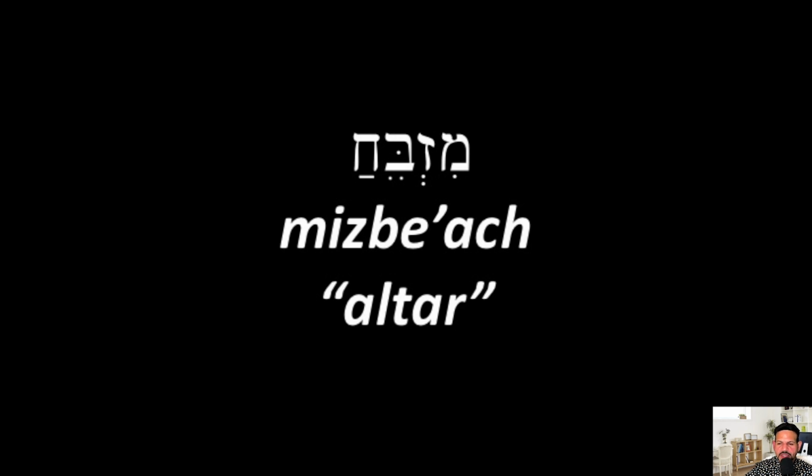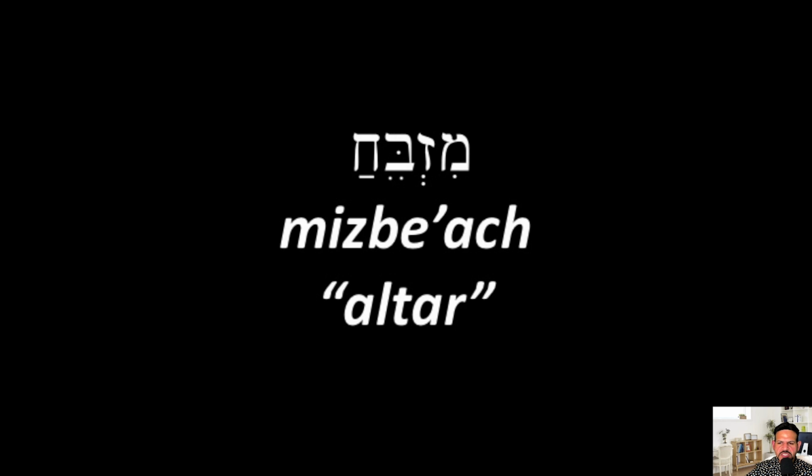Mizbeach is a word all by itself, but the mem with the hirik underneath would give us the mi. And then we have a shva nach underneath the letter zayin. Miz. And then we have the letter beit with a segol, multiple dots giving us the look of eggs, so be, miz be.